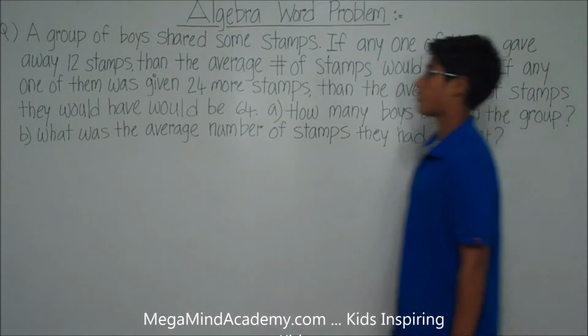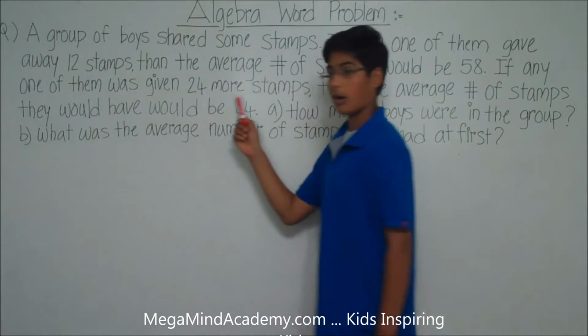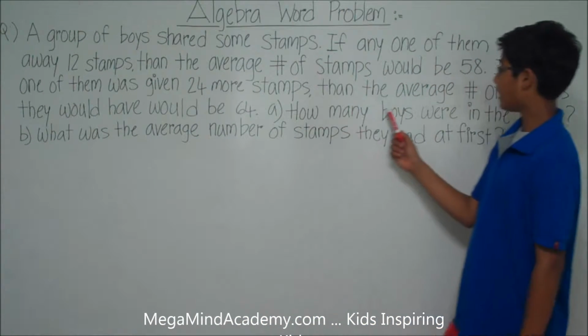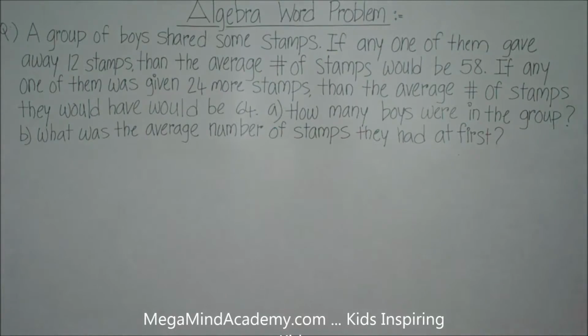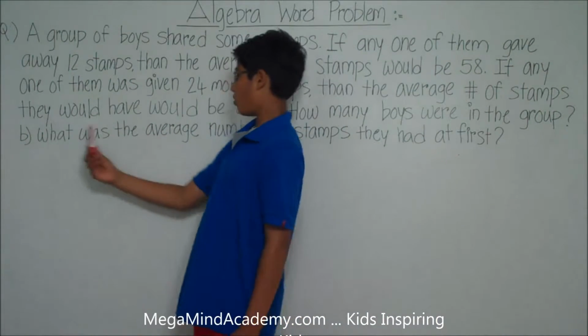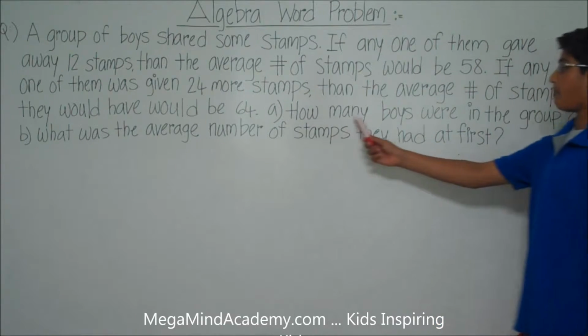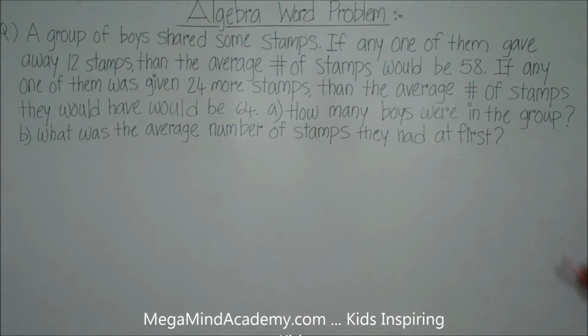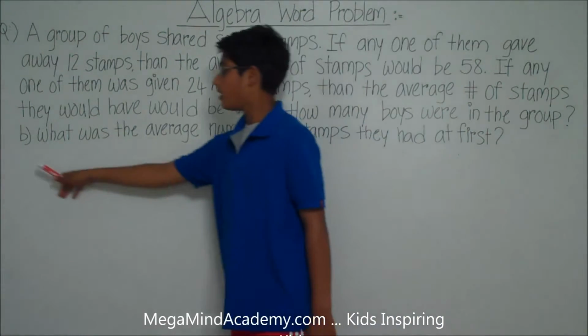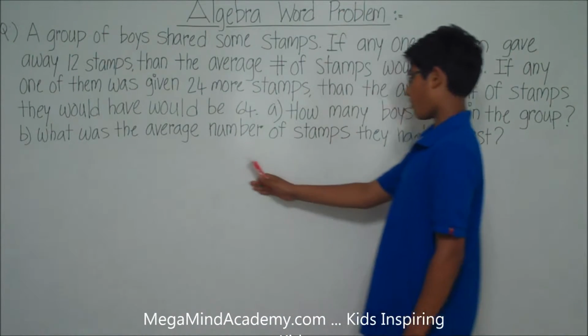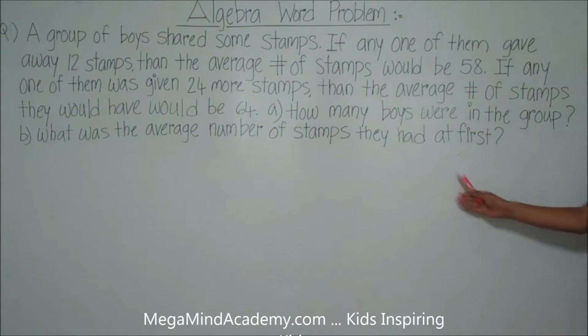If any one of them was given 24 more stamps, then the average number of stamps they would have would be 64. Question A, how many boys were there in the group? And question B, what was the average number of stamps they had at first?